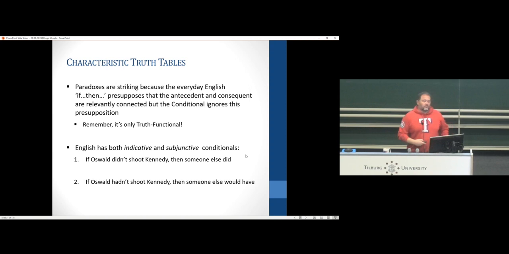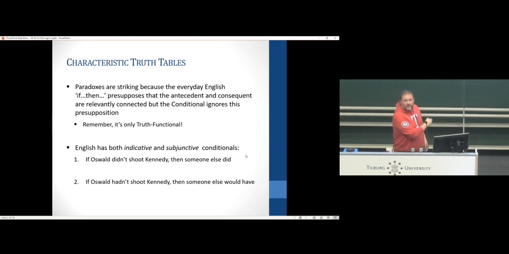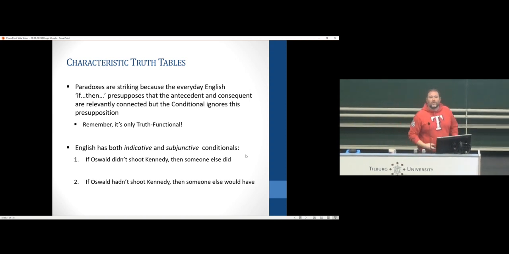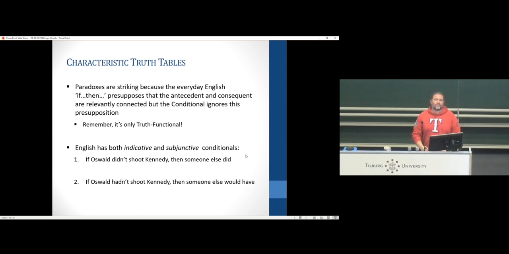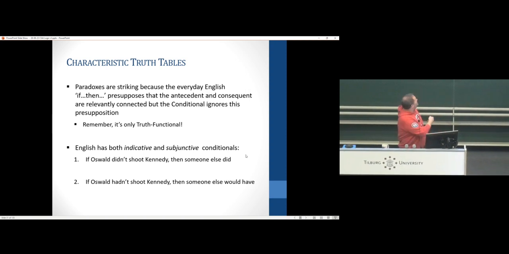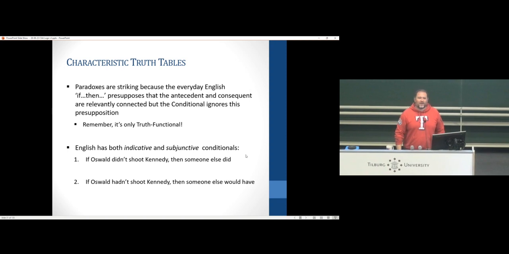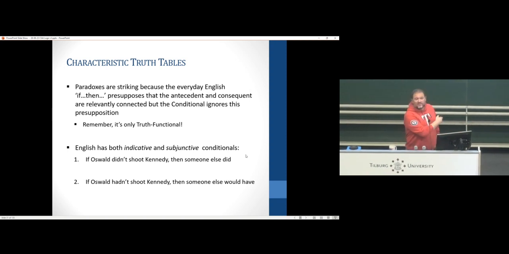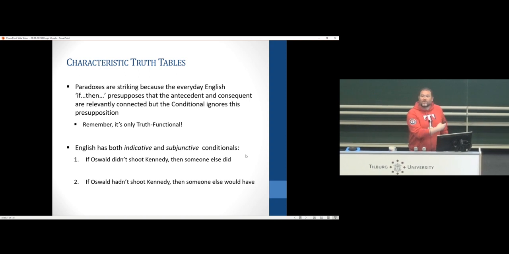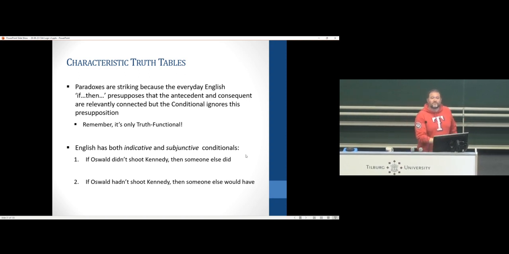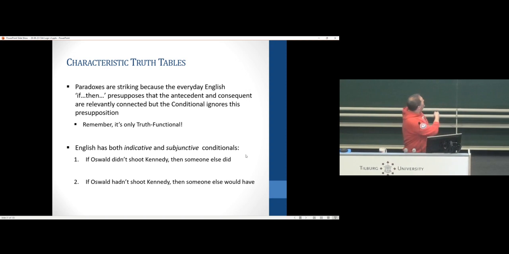Given the first one, we know it's true, because we know somebody did, in fact, shoot Kennedy. So if Oswald didn't do it, then somebody else did. It's a historical fact that Kennedy was shot. So the first can be true.